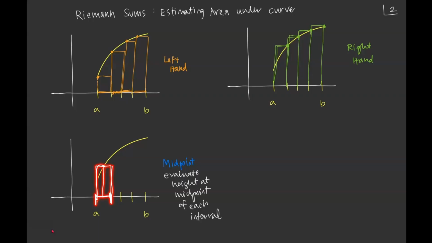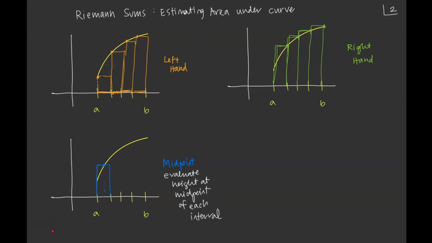That's what we're going to use for our height. So for this interval here, we would find the midpoint, and that is going to be the height of our rectangle. So the midpoint of each interval is what we use to evaluate the function, and that'll be the height of the rectangle. So this one would look more like, let's see, that's about right there.